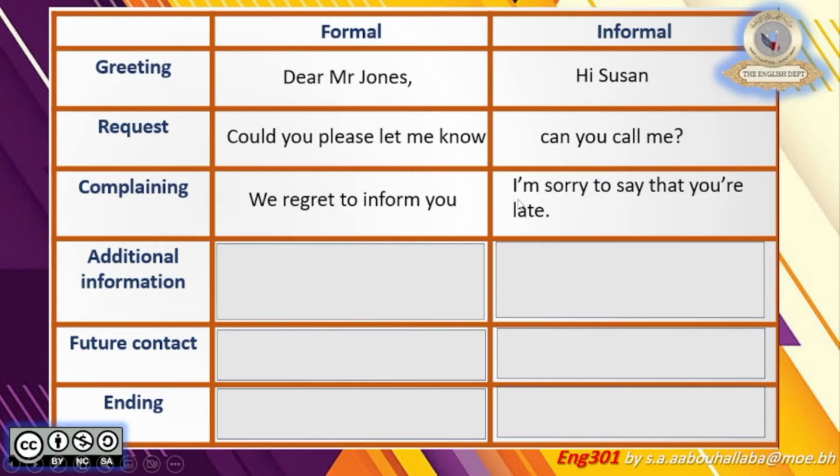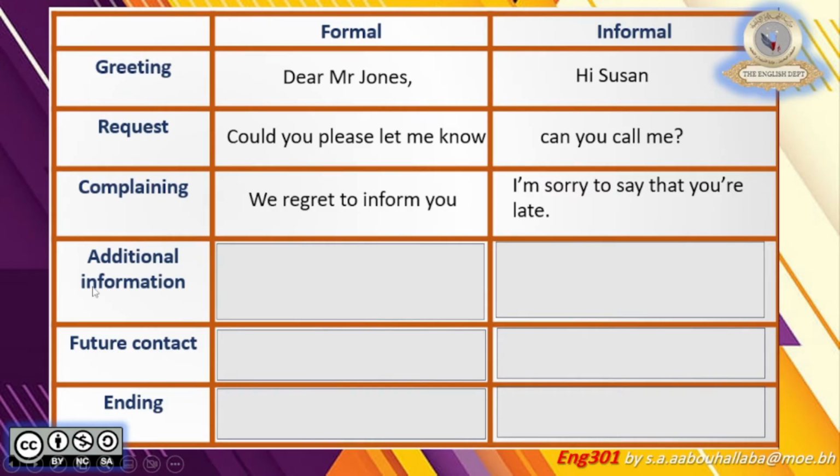We don't use contractions in formal writing. This is okay in informal writing. I am. Here it should be I am in case I'm using it. I'm sorry to say that you are late. Again, another contraction.